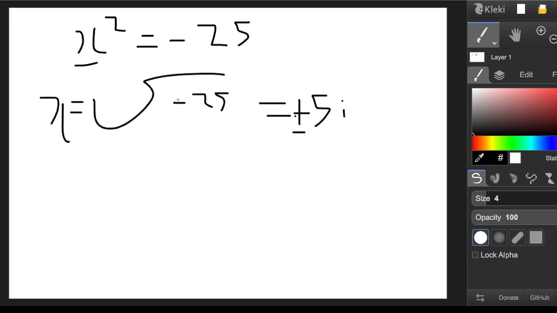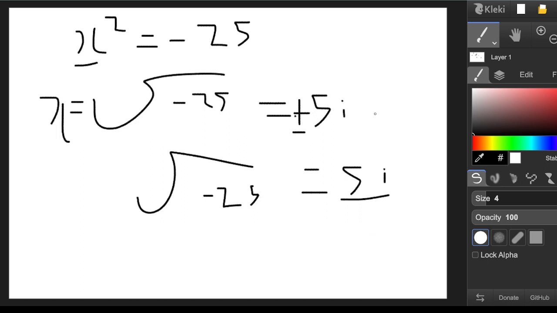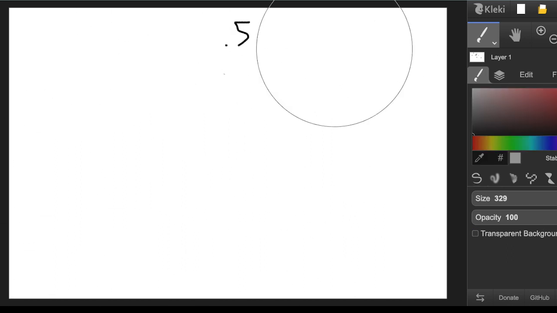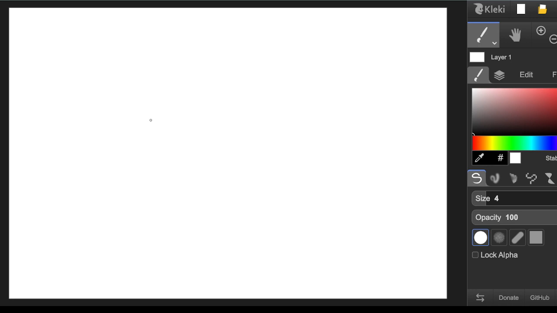If someone asks what the square root of negative 25 is, the answer is just 5i. There's no plus or minus for that one. In this case, we're solving for a variable. Otherwise, we're just simplifying something to a form we can all understand. So just remember that, and if you understand that, you should be good with the other set of problems I'm going to give you all. So here we go.